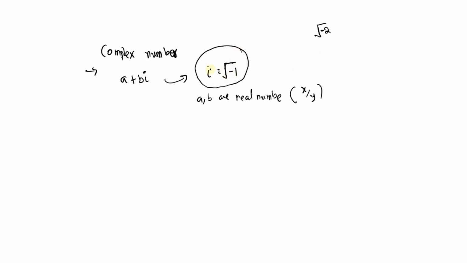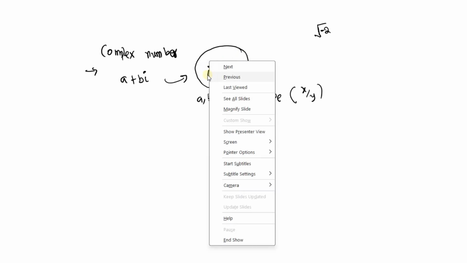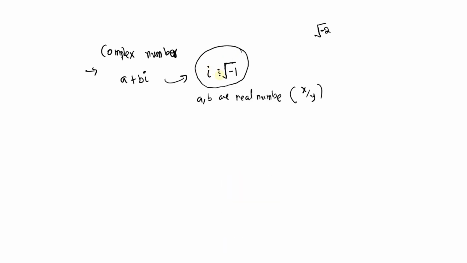So we use the i notation, which is the square root of negative 1. Talking about this square root, we have the square root sign, and the thing under the square root is called the radicand. So this is the radical, and the thing under it is the radicand.